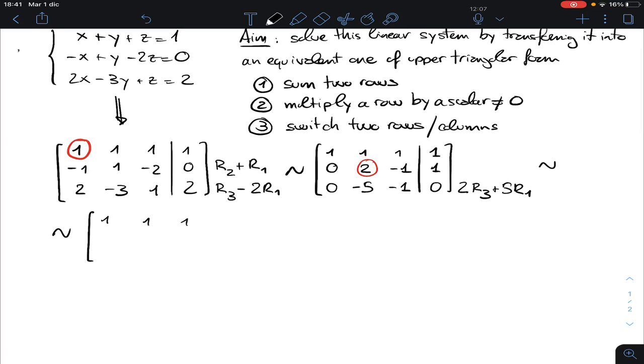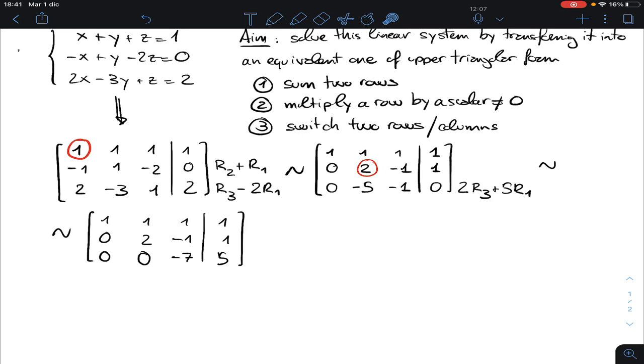The first row is 1, 1, 1, 1, exactly as before. Here you have 0, 2, minus 1, 1, which is exactly the second row as before, and now the last row becomes 0. Minus 5 times 2 is minus 10, plus 10 gives you a 0, and then you have minus 2 minus 5, which is minus 7. And here you have a 5.